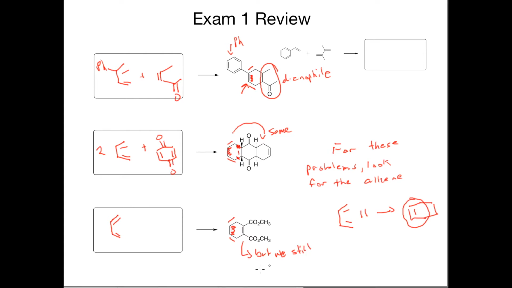So we have to have something there to allow us to keep that double bond, and that is going to be the alkyne that we're going to use. Also remember when you're drawing alkynes that they have a 180-degree bond angle, so you need to draw them where they're not bent. They have to be straight, just like this.